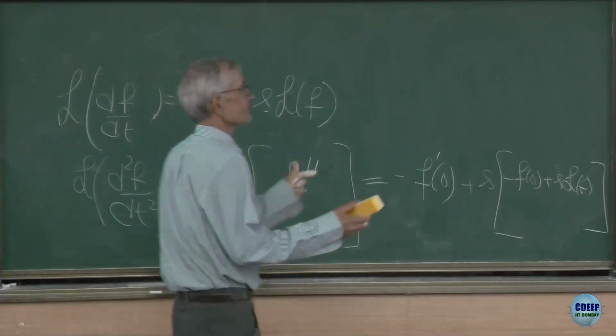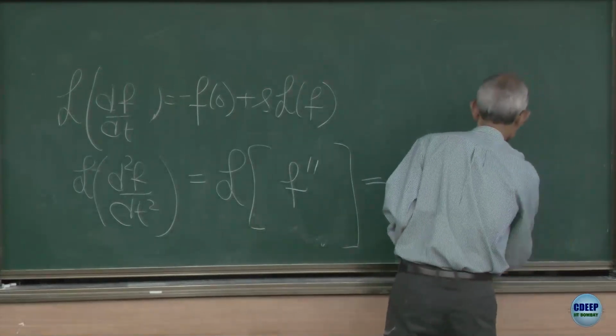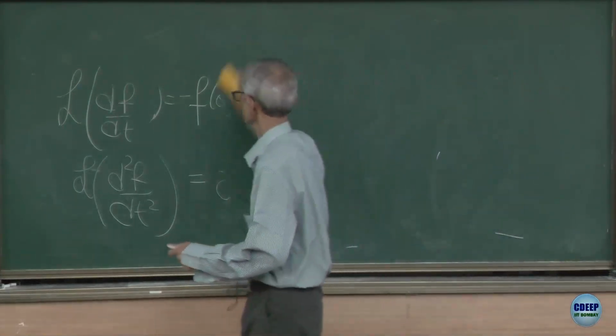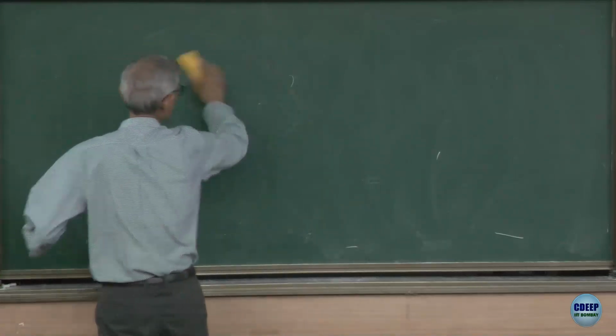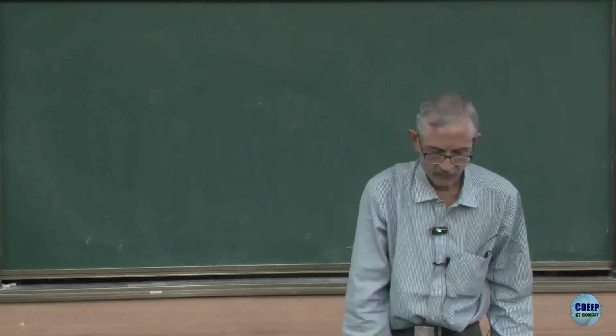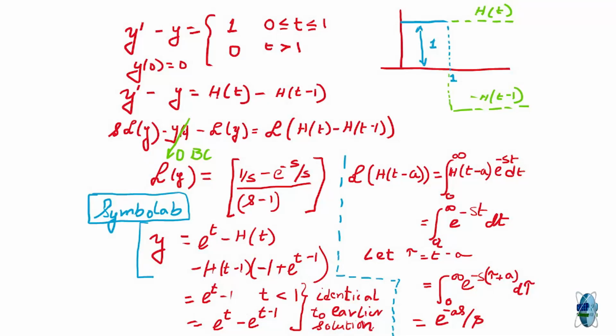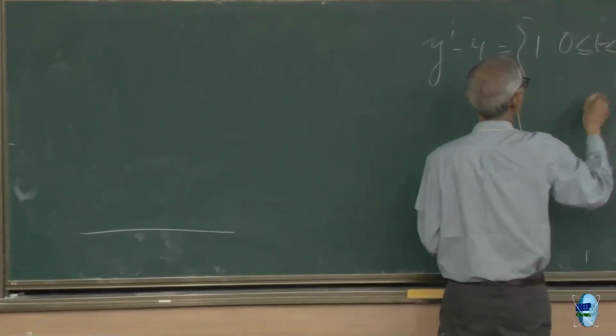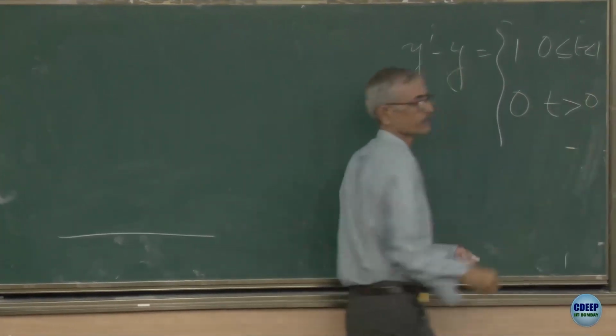All of this we are doing by brute force algebra. Now let's go back to the question at hand. We started out by looking at this situation: y prime minus y equals 1 for 0 less than t less than 1, and it is 0 for t greater than 1.